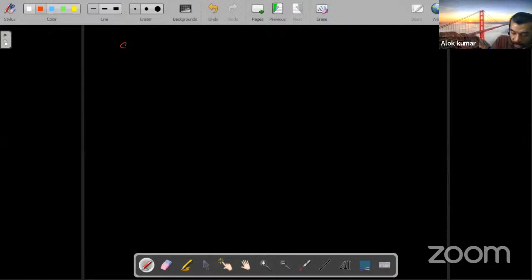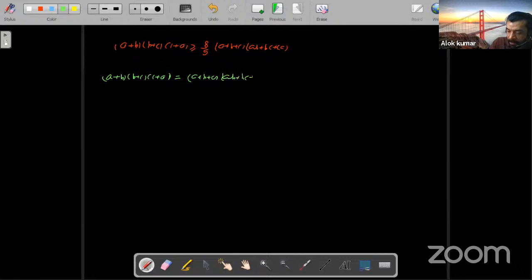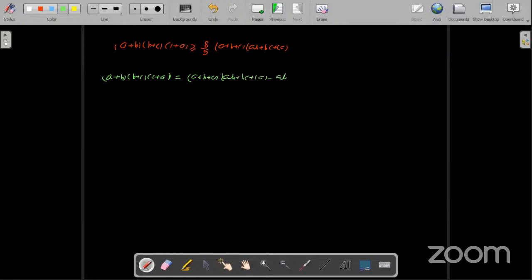This is a small proof, but some people can expand it also and check it. But there is a nice proof based on an identity which I'm writing. The identity is the following: (a+b)(b+c)(c+a) is equal to (a+b+c)(ab+bc+ca) minus abc.